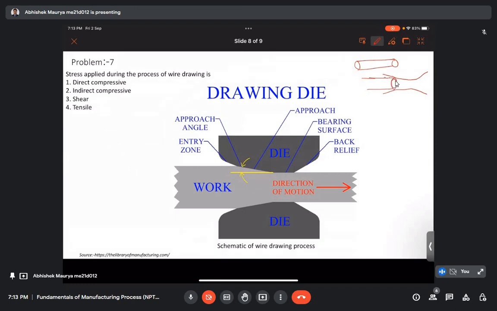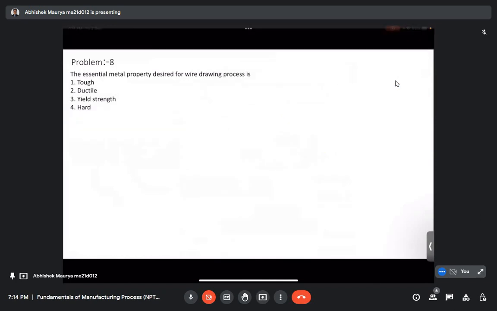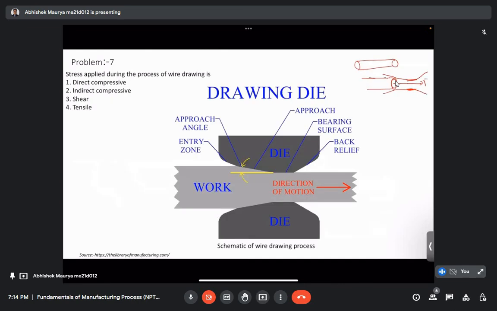Now what we do is pull this bar at very high speed through the die, and the bar takes the shape of the die, or its cross sectional area gets reduced, or the diameter of the wire gets reduced as per the final die gap.